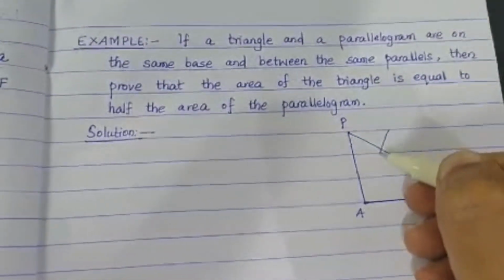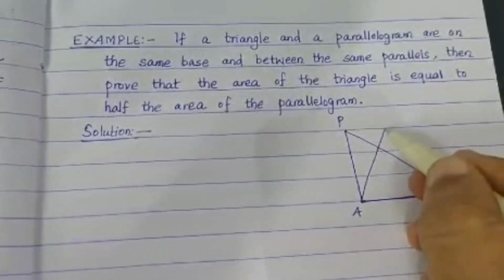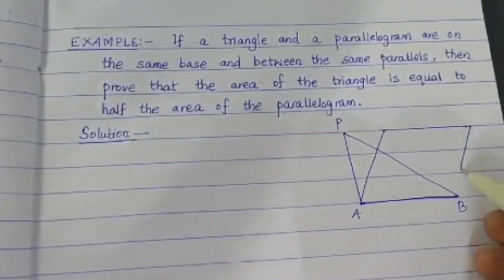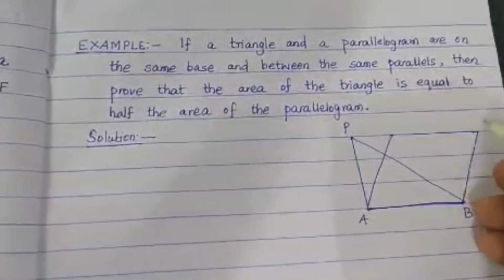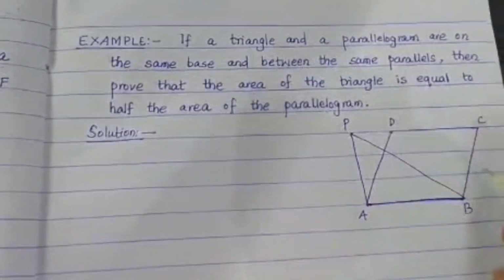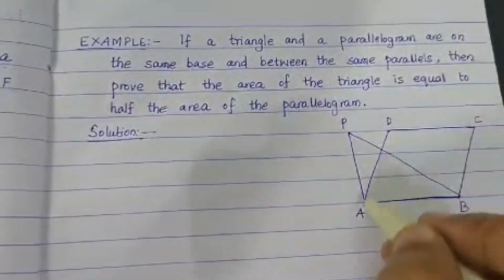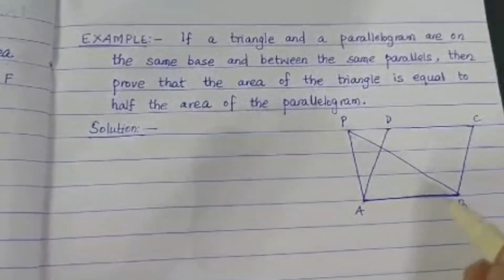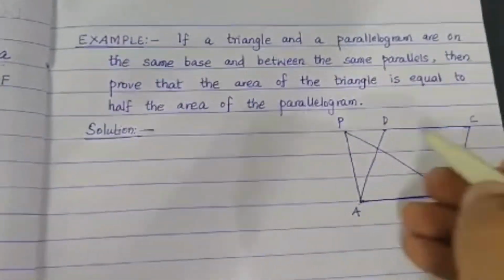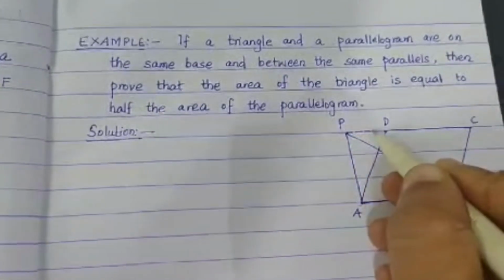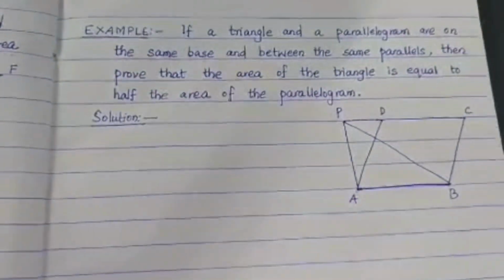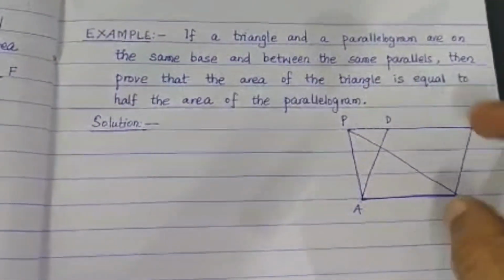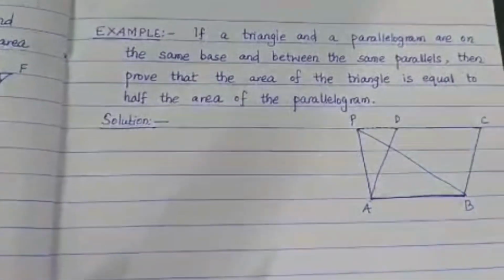So let us draw the parallelogram like this. ABCD. ABCD is the parallelogram, PAB is the triangle. Okay. You can do it like this also. Between the same parallels, AB and PC. Okay.